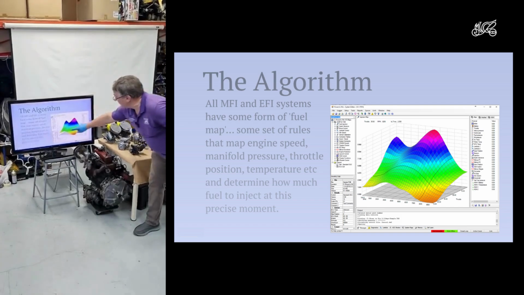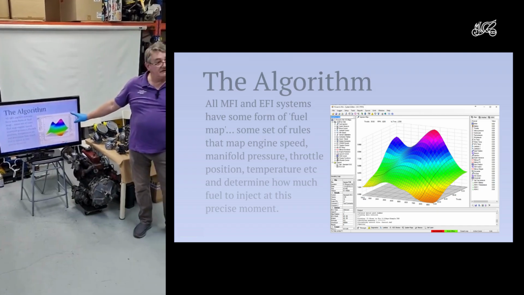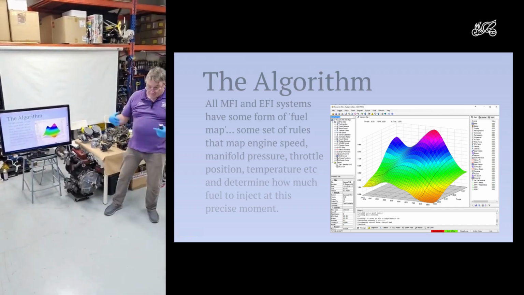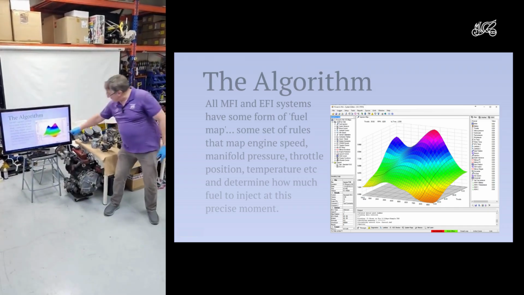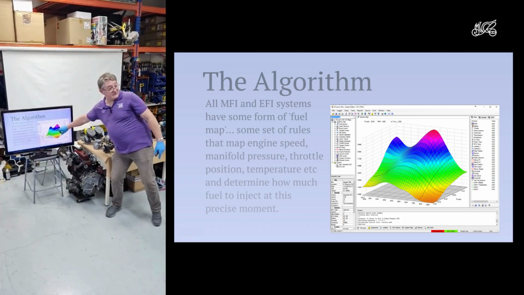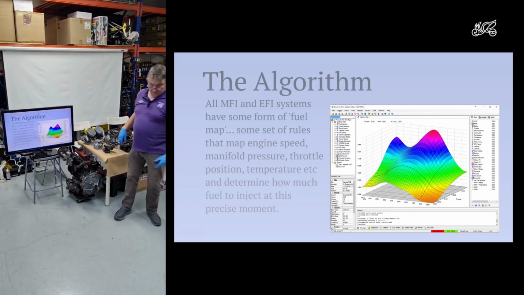So, amount of fuel. So this is telling you electronically how much fuel I need for a given situation. So what the computer is doing is it's monitoring these two bits of information. It's looking where on the graph that means it needs to be, and then it's instructing the fuel injector to squirt for that long.